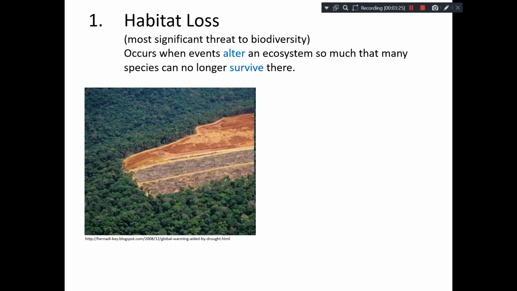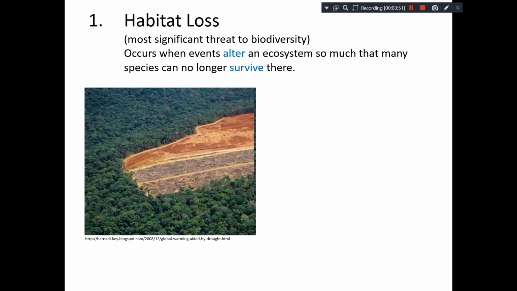Especially, the most severe impact will be on endemic and endangered species, because they have a very restricted ecosystem or very restricted habitat. Suppose we lose this habitat, these organisms will no longer be able to survive. So that's why habitat loss is the primary cause.